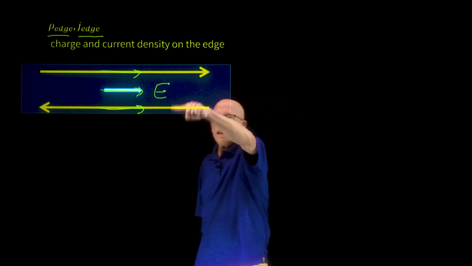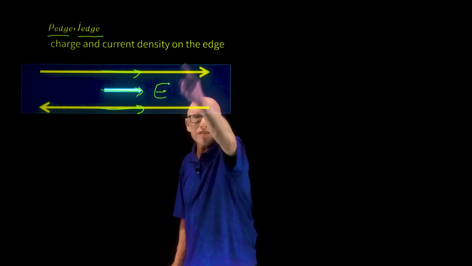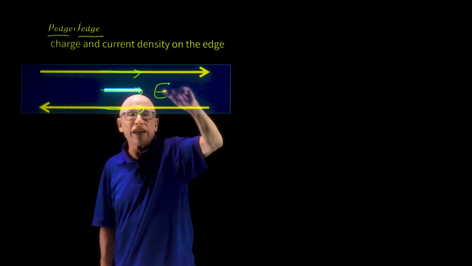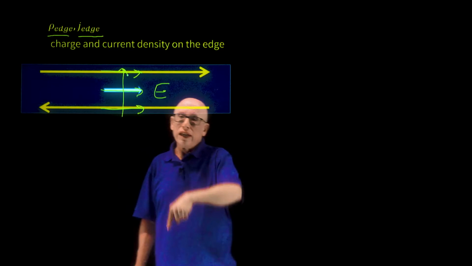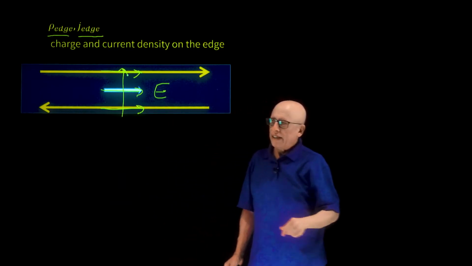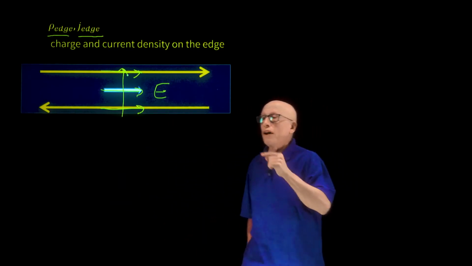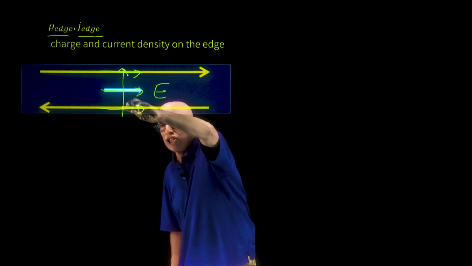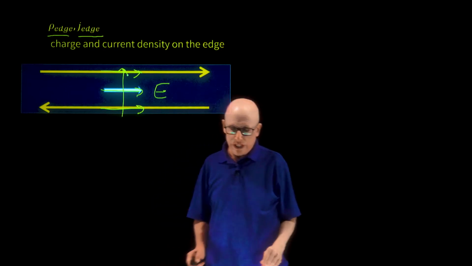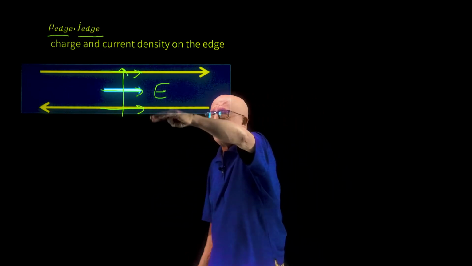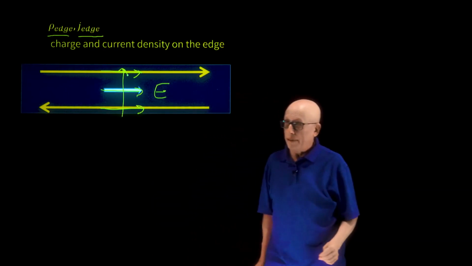So what happens as a consequence of such an electric field? This is a quantum Hall system. If there's an electric field going in this direction, there will be a current flowing either upwards or downwards. The directions are not important. But there will be a current that will make charges move from one direction of the edge to another direction of the edge. From one side of the sample to the other side of the sample.